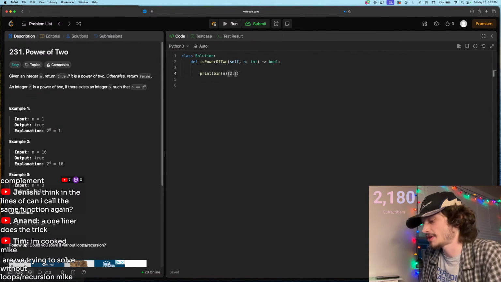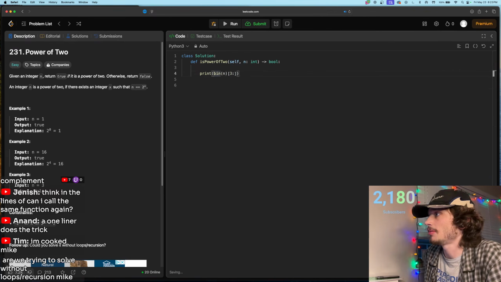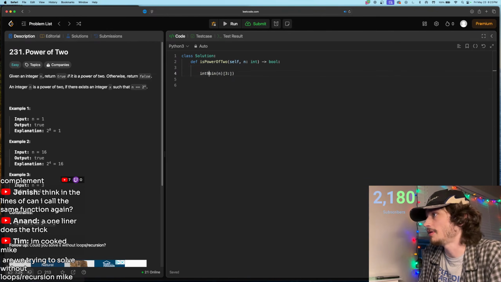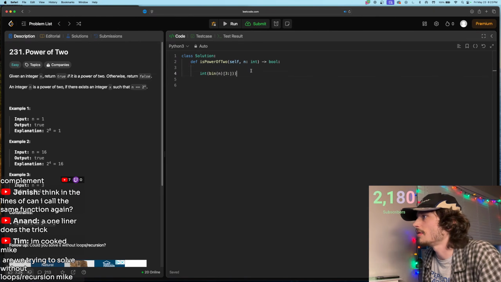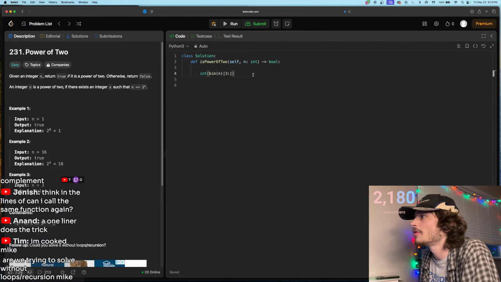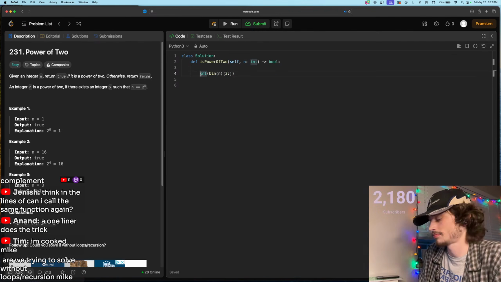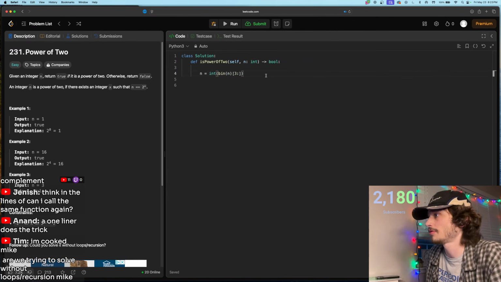Now I'm gonna slice off the first 3. I'm gonna call an int conversion to this. And I'm going to save this as n equals this.